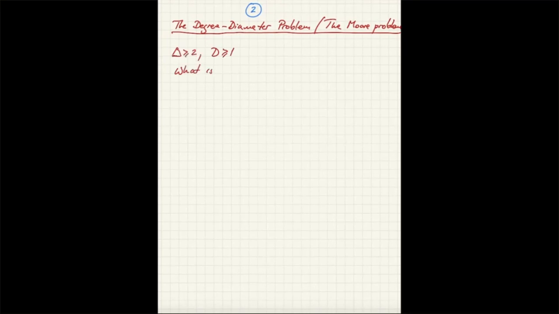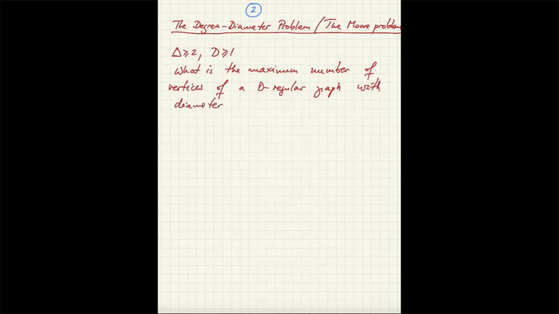What is the maximum number of vertices of a delta regular graph with diameter d? And this question was asked by a mathematician named Moore in the 50s or 60s.